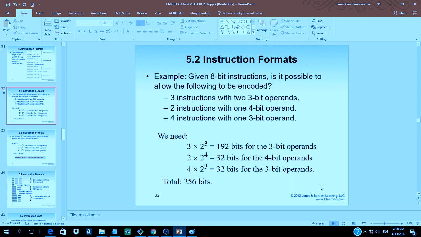And then we can go to 1100, 1101. So that's two instructions to work with one 4-bit operand, right?